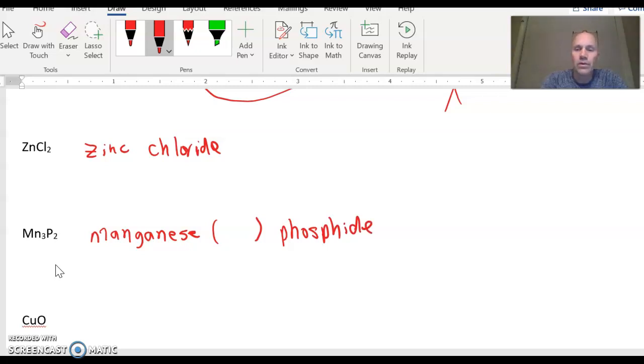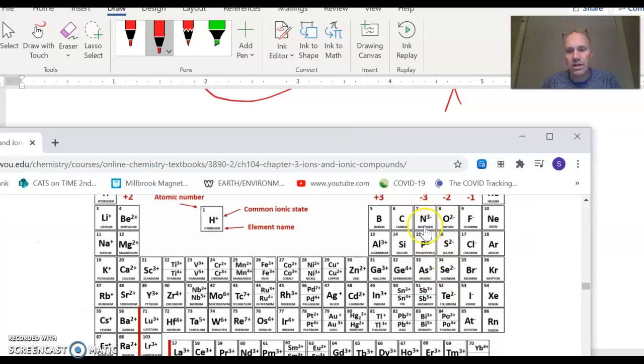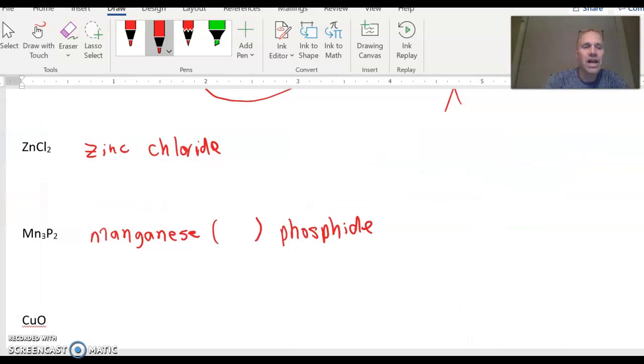I'm going to do a little bit of a shortcut here and just put these charges. I know that a phosphide is right here. It's got a -3 charge. So if I have 2 of these, and they each have a -3 charge, that is a -6 total charge here. That's got to be balanced by a +6 charge right here.